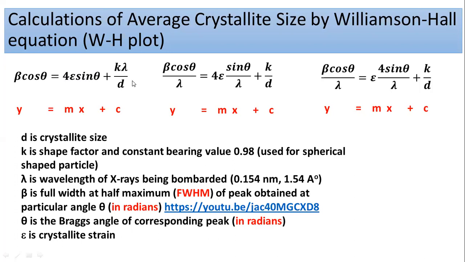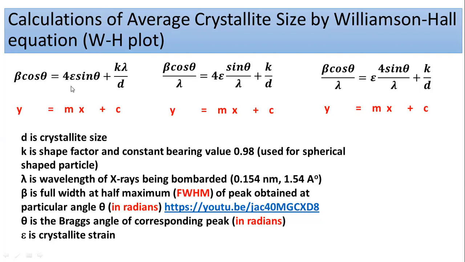So the intercept will be equal to k lambda over D, or D will be equal to k lambda over the intercept. So actually you are going to get the value of the intercept out of the graph, and then we will use it over here to calculate the crystallite size, and that would be the average crystallite size, because here we are considering all the theta values.